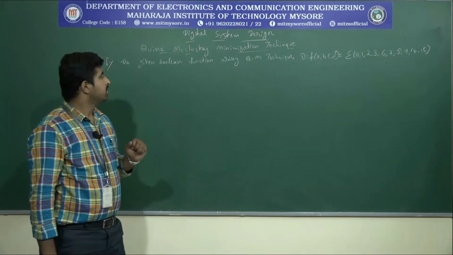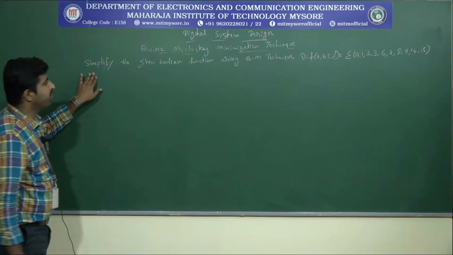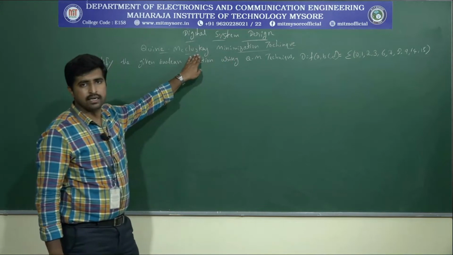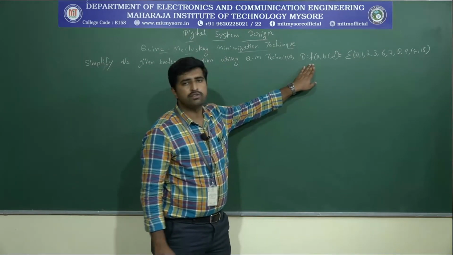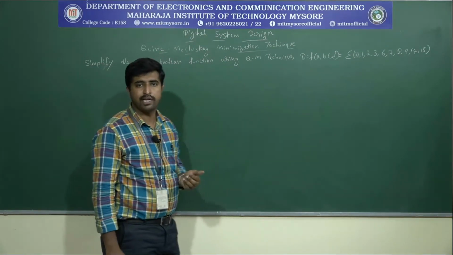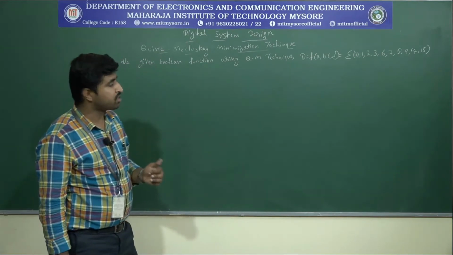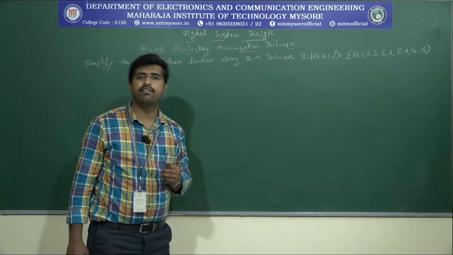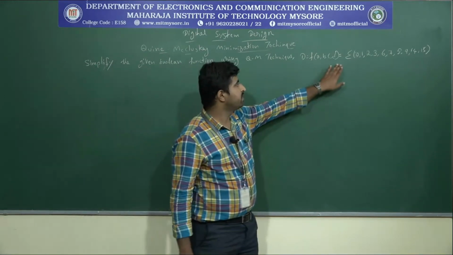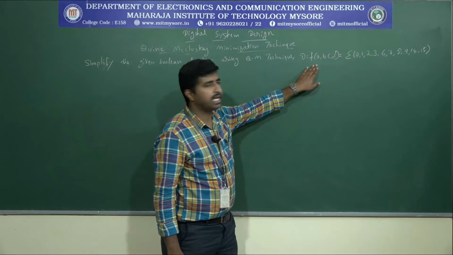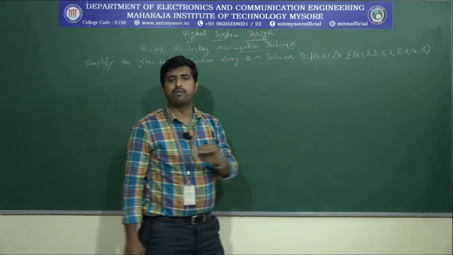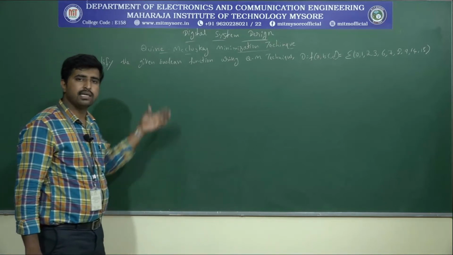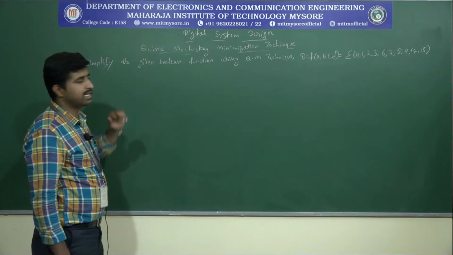The given problem is: simplify the given Boolean function using the Quine-McCluskey technique, and the function is f of a, b, c, d equals summation of 0, 1, 2, 3, 6, 7, 8, 9, 14, 15. The function is ABCD, which indicates a 4-variable function. Then how to simplify the given function in the Quine-McCluskey technique?